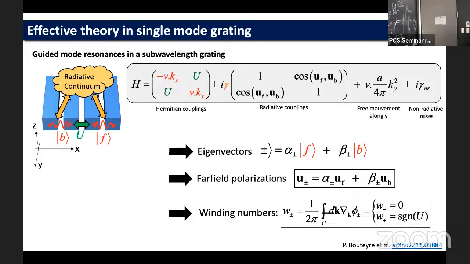Even with tight binding, very few groups manage to do it. But you don't need gain and losses to do non-Hermitian physics. You can have losses and less losses. So you just need different losses, and then you can put them offset to have this PT symmetry.